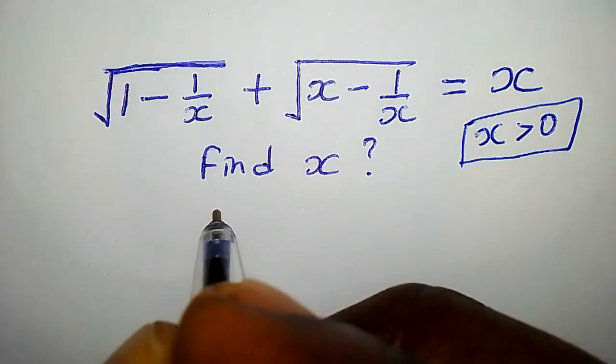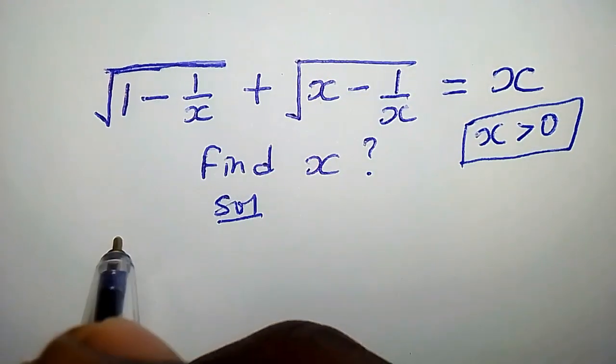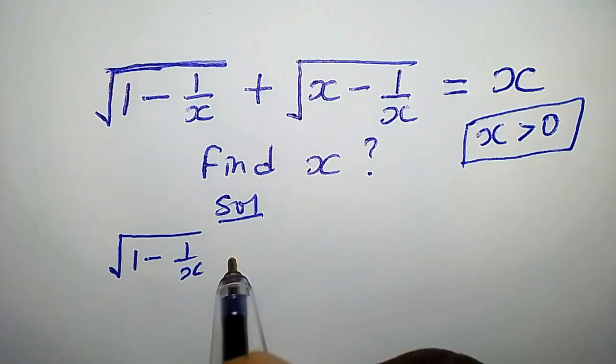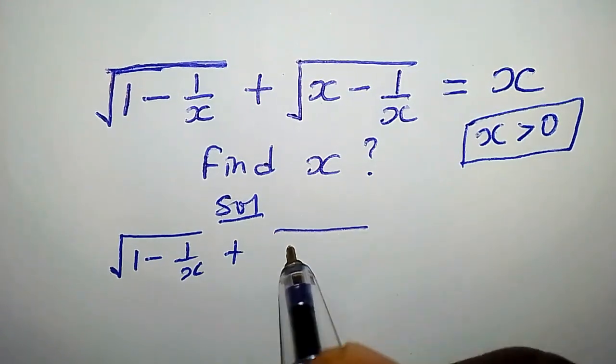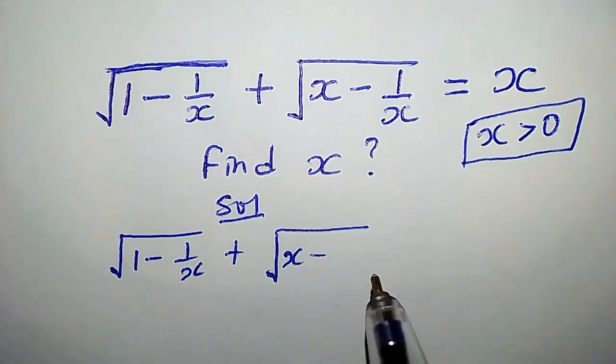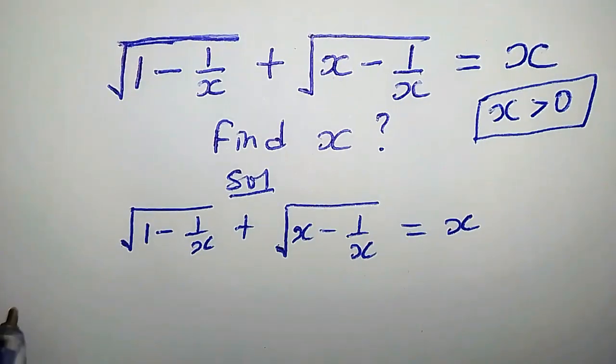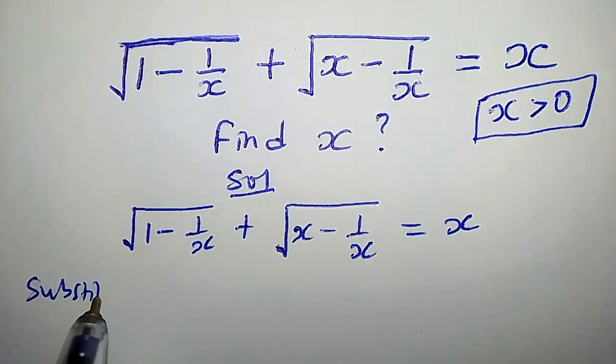So let's begin. Solution. We have the square root of 1 minus 1 over x plus the square root of x minus 1 over x equal to x. Let's make a pretty nice substitution here. Substitution.